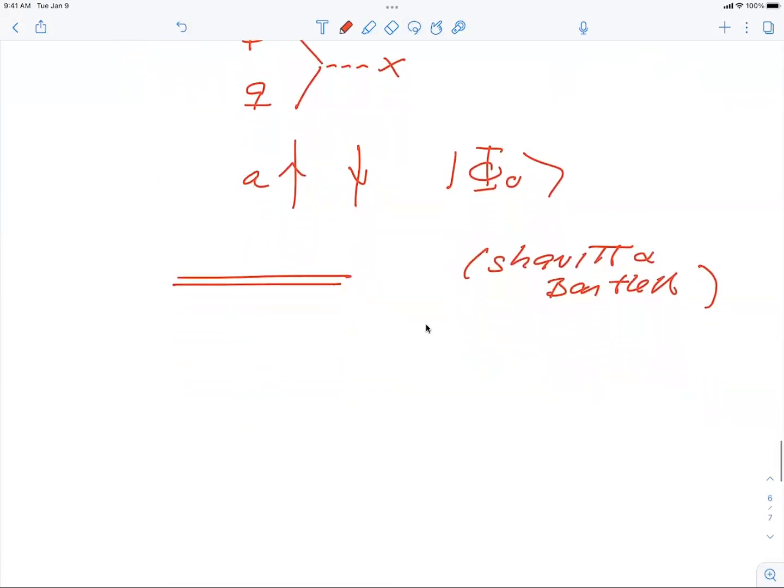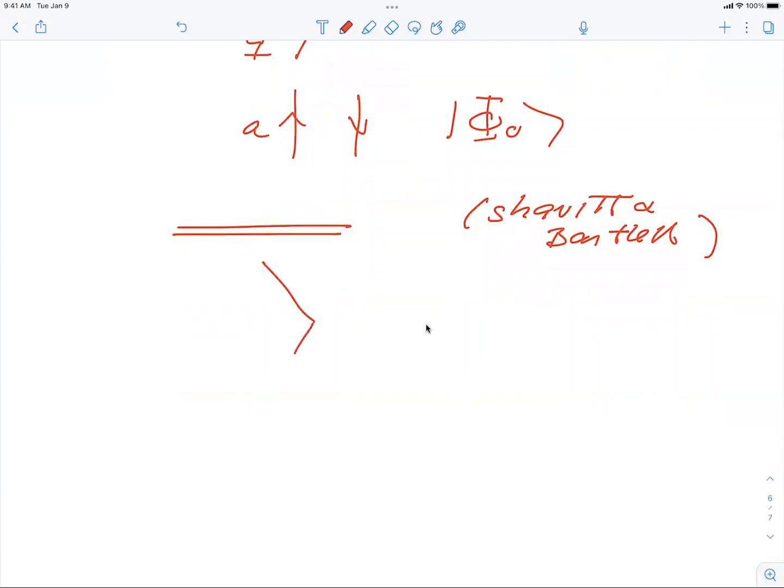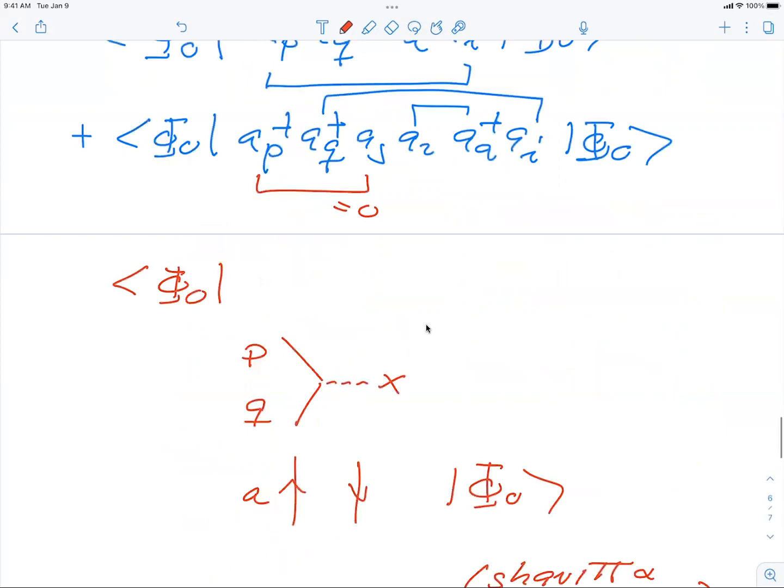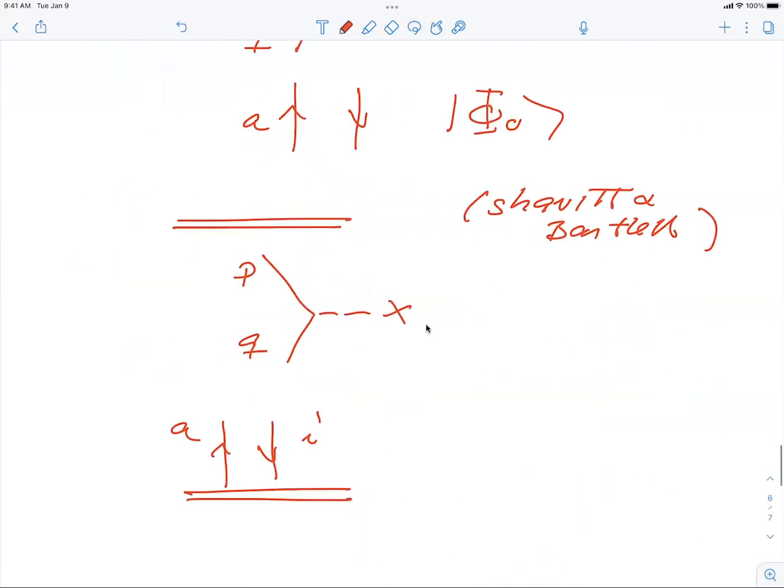So that means that what you would have is the operator here, and then you have the vacuum state here, and then you have a particle state and a hole state here, an A and an I. So if you put labels, we have P and Q, and we haven't specified whether these are particles and holes. So the thing which we saw now from the contractions is that Q can be contracted with A, like that, and then I is contracted with P.